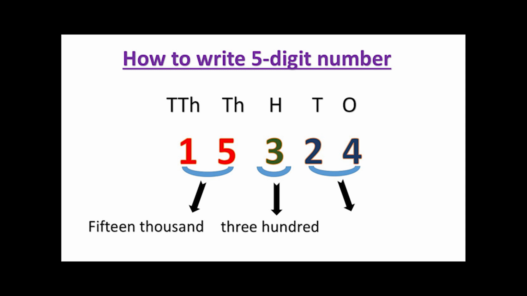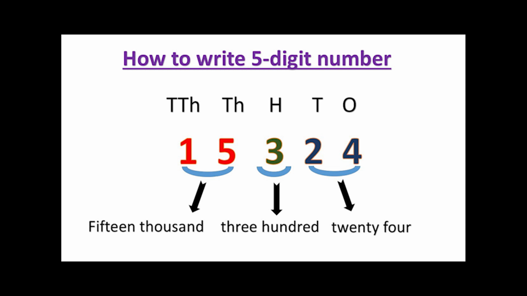Then I can take the hundreds place. There is 3 in the hundreds place. So 300. And then the last part of the number name comes from these 2, the tens and ones digits taken together. 2 and 4 taken together gives us 24.